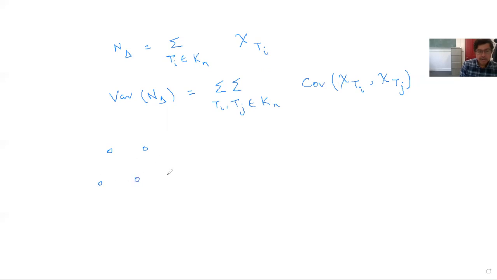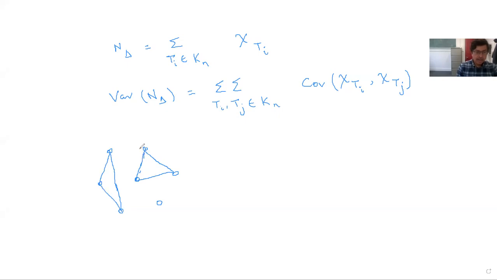So here again are 7 vertices. And let's say I take this triangle here. Okay, so here is one triangle, and here's another. Now, what's the covariance of the indicator that this triangle is present and the indicator that this triangle is present?